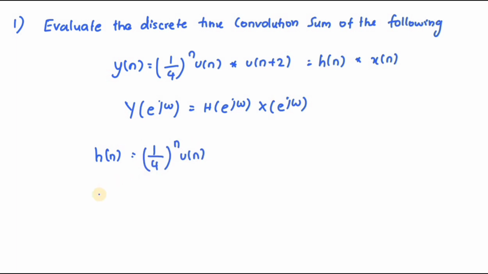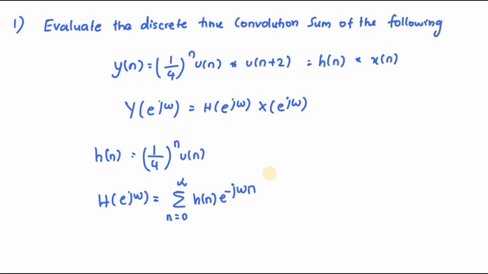What is the formula for the DTFT? H of e power j omega is equal to summation, n is equal to 0 to infinity, h of n e power minus j omega n.